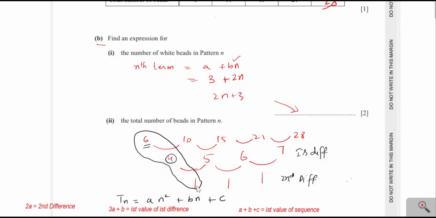Look here, the second difference value is 1, the first value of the first difference is 4, and the first value of the sequence is 6.